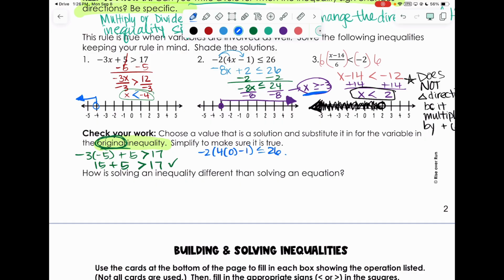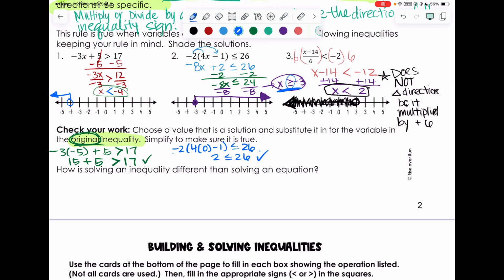Minus 1 is negative 1. Negative 1 times negative 2 is 2. Is 2 less than or equal to 26? Yes, it works. Do you see? If I use this, do you think that would be right or wrong? It would actually be right, but who knows? You might have made a mistake somewhere. I wouldn't go with that.